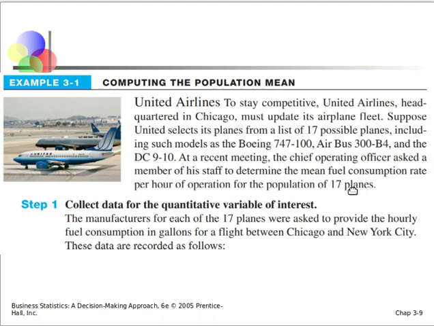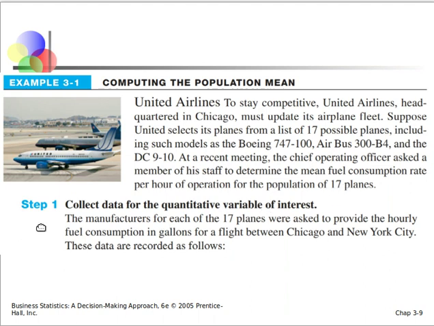So, what is the mean, the average fuel consumption rate per hour, how much fuel, gasoline, is consumed each hour. He's asking for the arithmetic mean of the 17 airplanes.